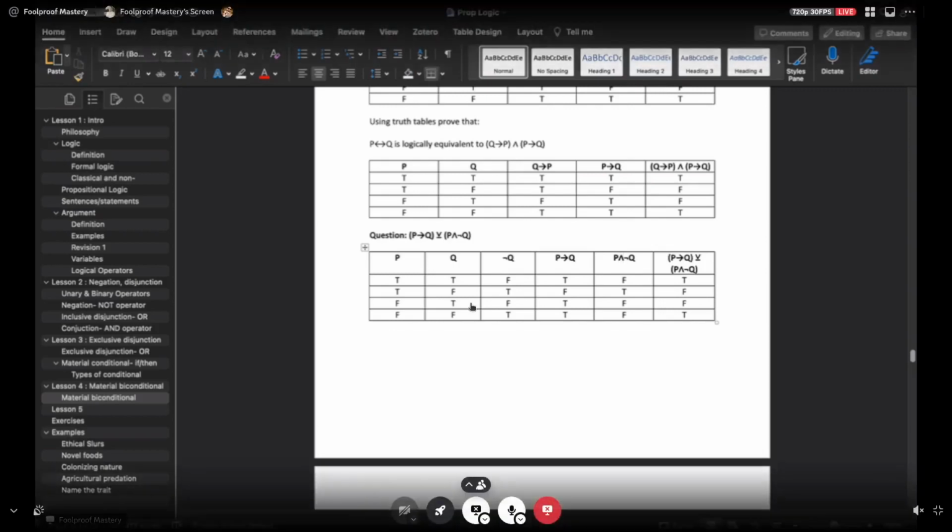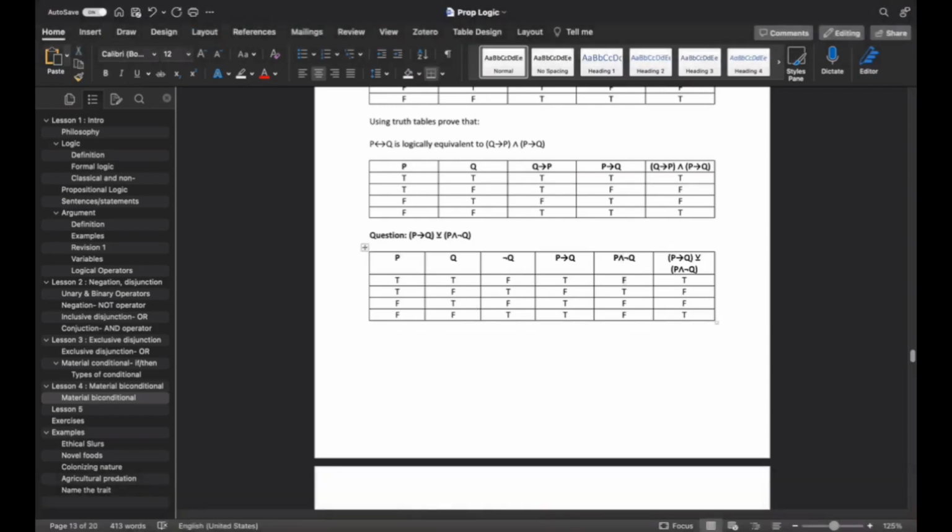So this one is false, because P is true and not Q is false. Then this one is false, because P is false and not Q is true. And then I'll probably need to correct this one because I had to correct the other column.